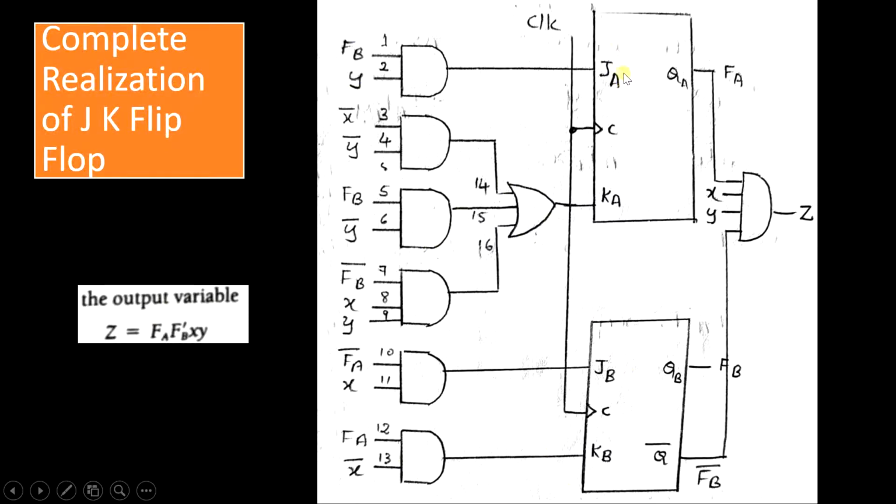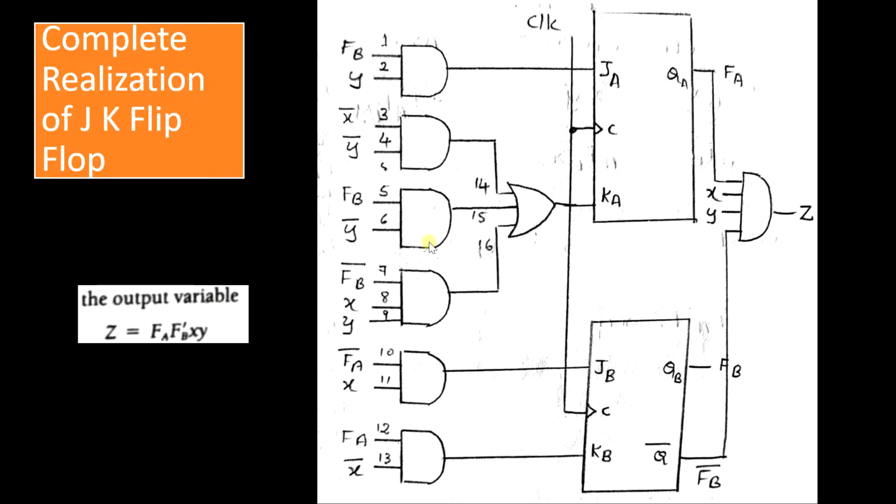Along with that you have JA, KA, which would be given to FA, FB bar output, and that would generate FA, FB bar X and Y, and this would be making use of a 4-input AND gate to obtain the variable Z.